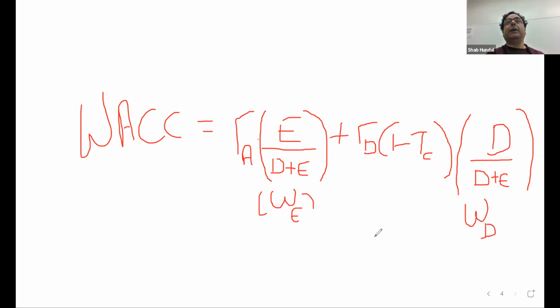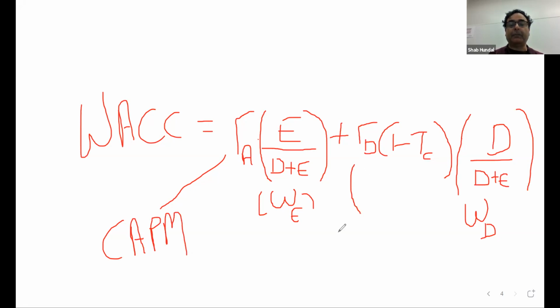And when you combine with the CAPM, by the way, RE comes from CAPM. And where does RD come from? Often we see this word finance cost or finance expenses. Where would you see it? In the income statement, finance cost.